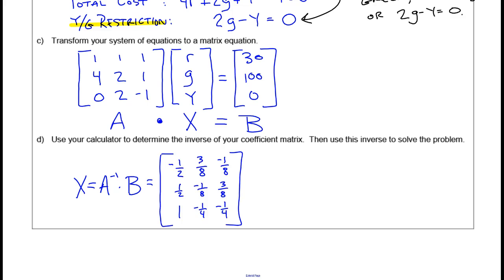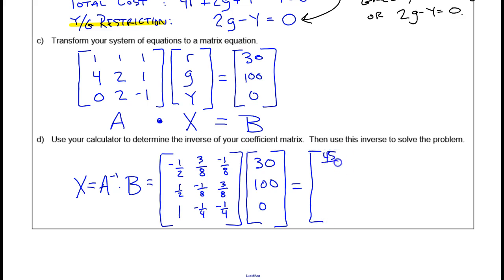Okay, folks, here's A inverse, which I got from my calculator, and I'm now going to multiply that by the matrix B, which is all the constants from my system of equations. That results in the following solution: 45 halves for red, 5 halves for green, and 5 for yellow.